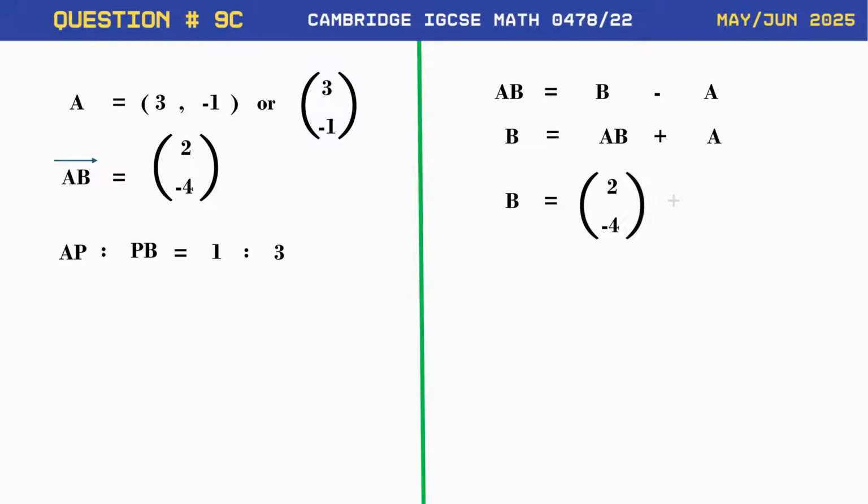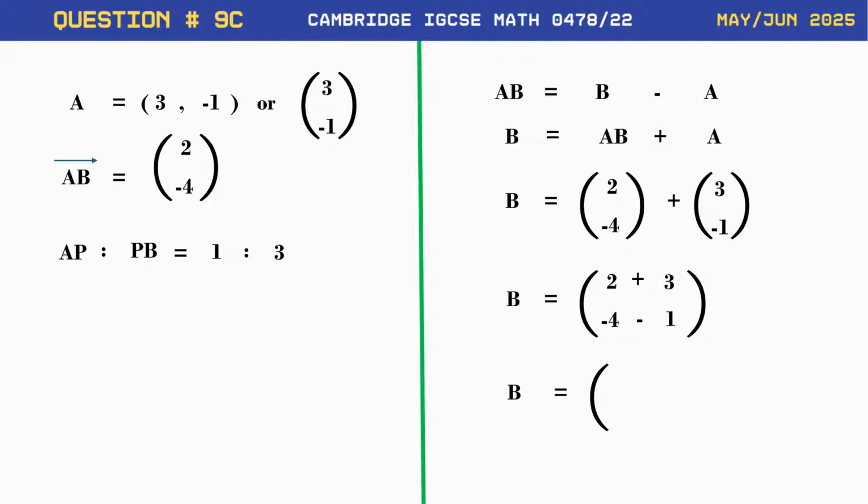So B equals vector (2, -4) plus vector (3, -1). It can be simplified by adding the corresponding coordinates, like 2 plus 3 and -4 plus -1, which will result in vector (5, -5). So as the first step, we have found the position vector of B. Let's save it and proceed further.